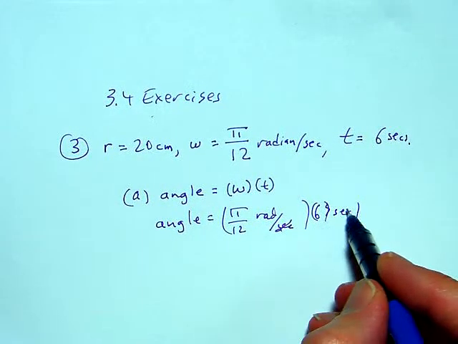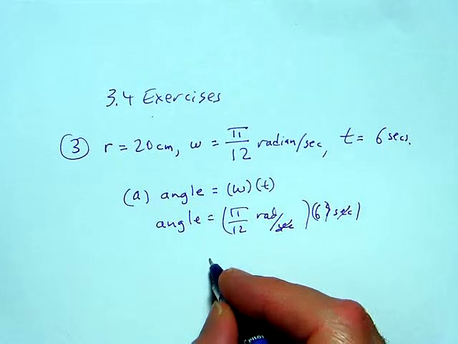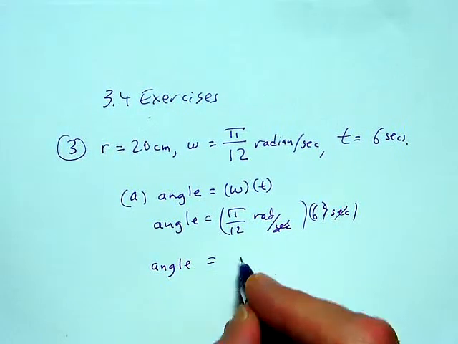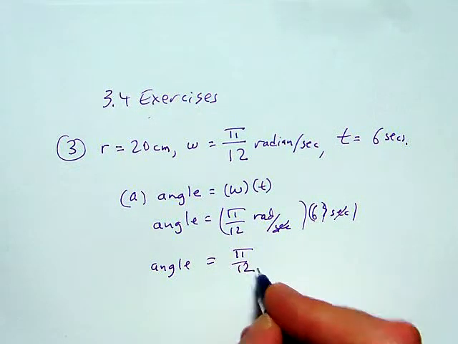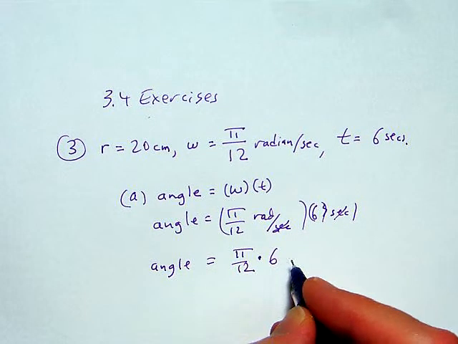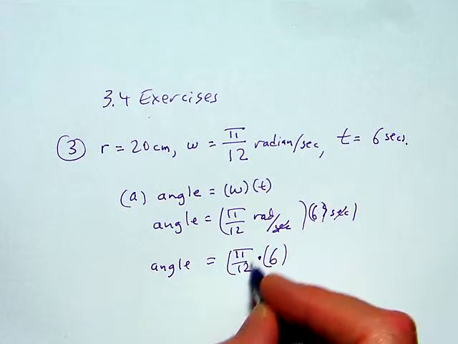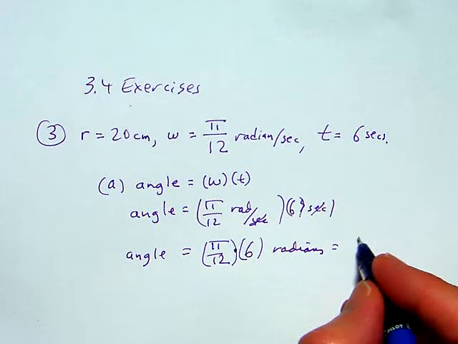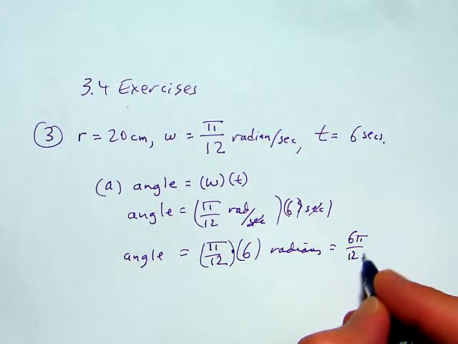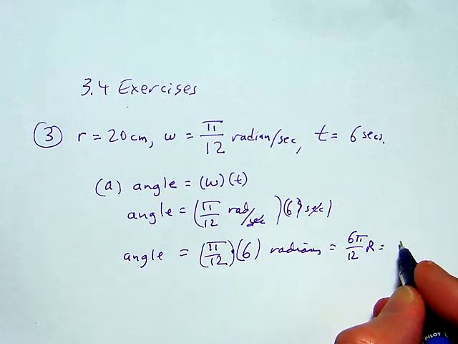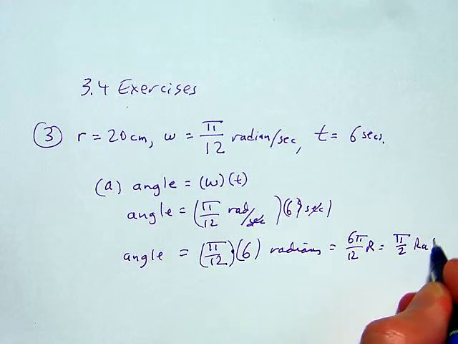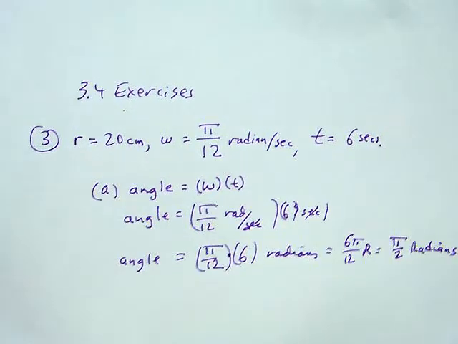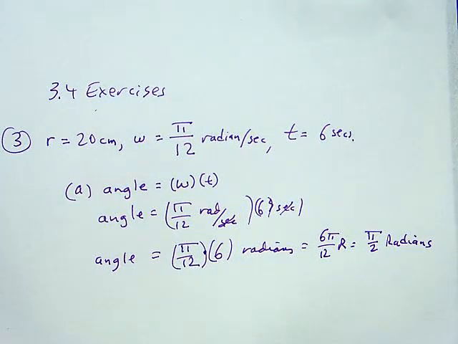The seconds as units are going to cancel out, and we are left with the angle being pi over 12 times 6 radians, which is the same thing as 6 pi over 12 radians, or pi over 2 radians. Okay, so the answer for 3a is pi over 2 radians.